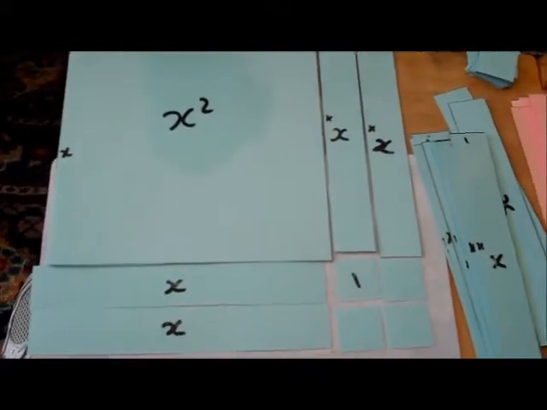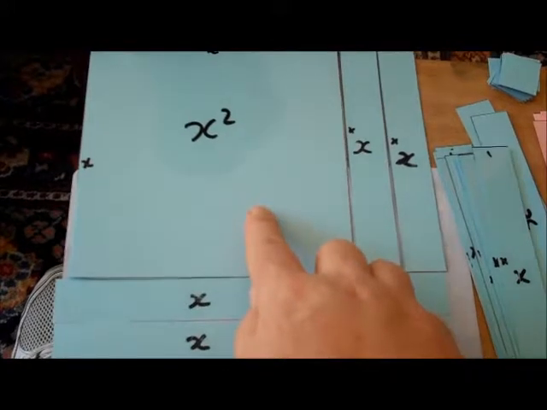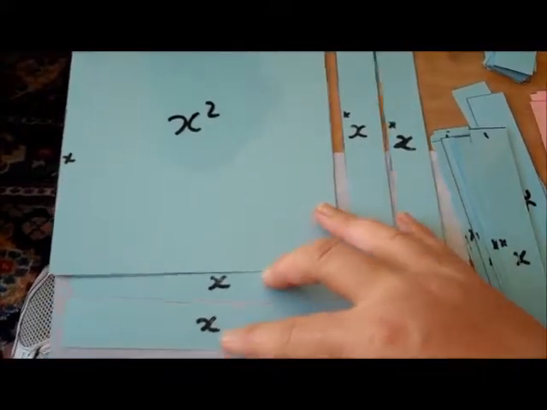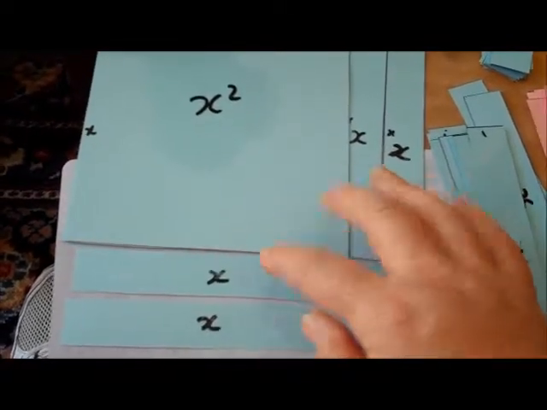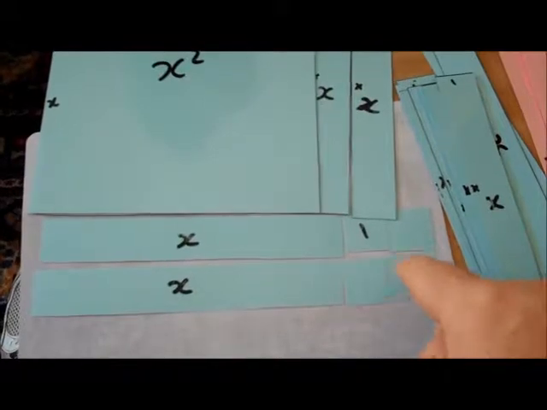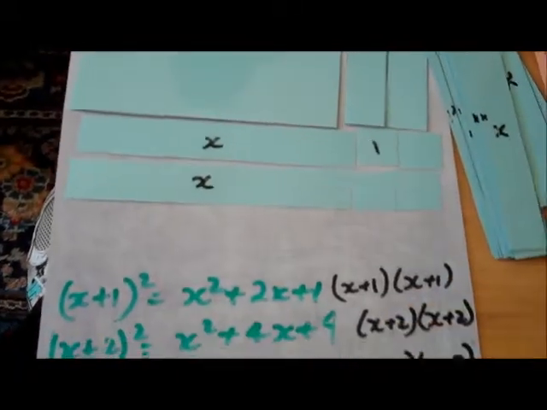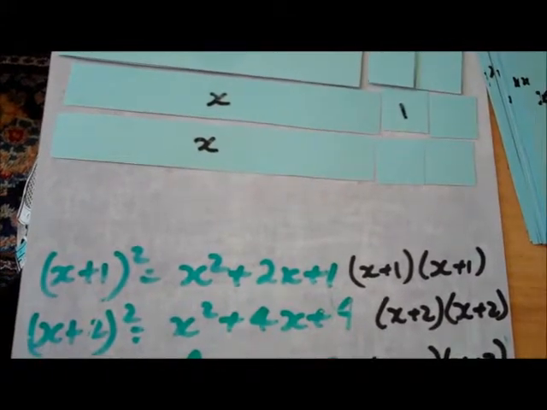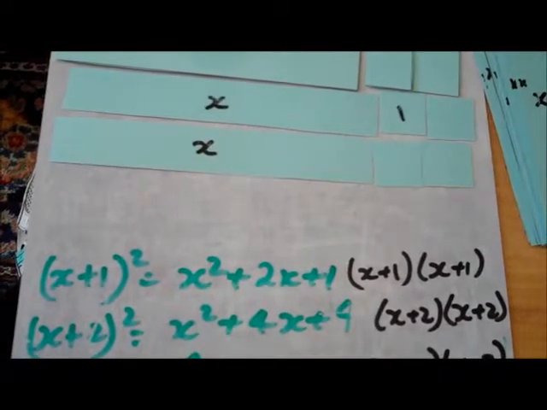So x plus 2 all squared is x squared plus 4x plus 4, and that's what I've got written down here. You could do it the long way with brackets too.